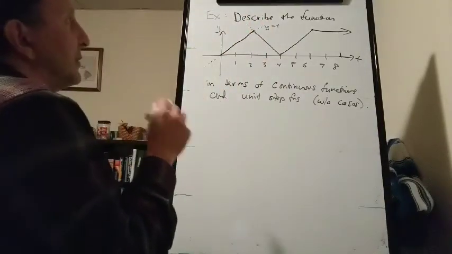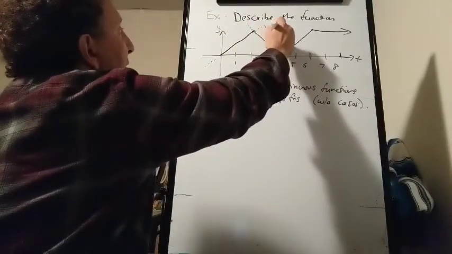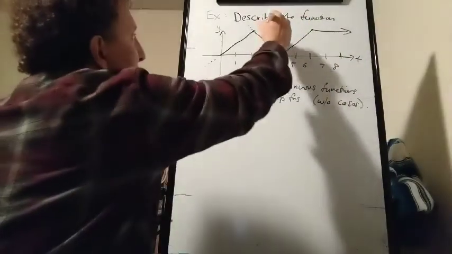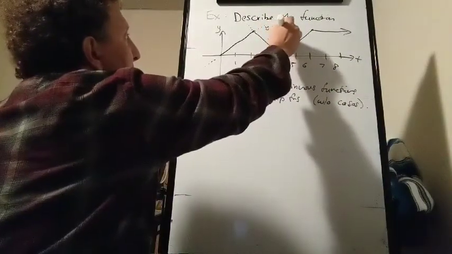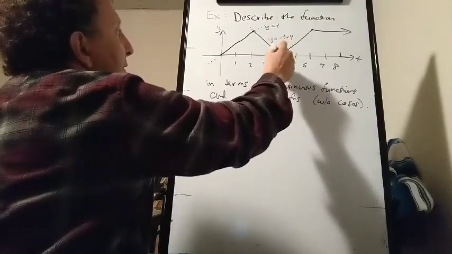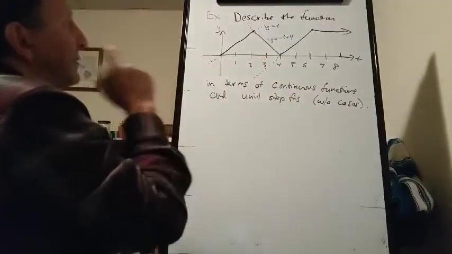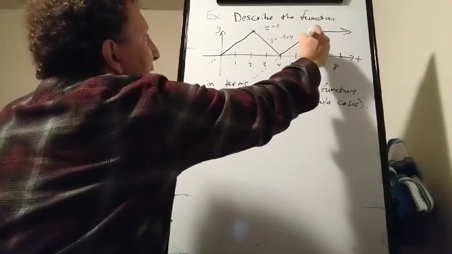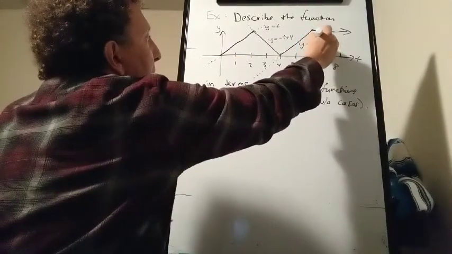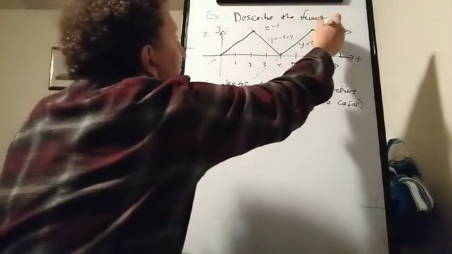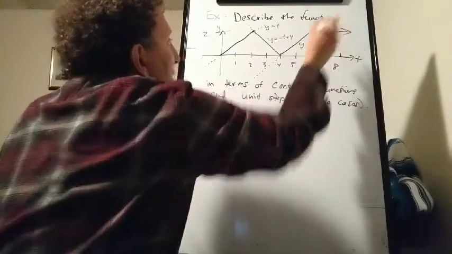So that's y equals negative t plus 4. And then this function would hit the t-axis at 4. So this is y equals t minus 4. And then from here on, it's supposed to be at 2. Of course, it's y equals 2.